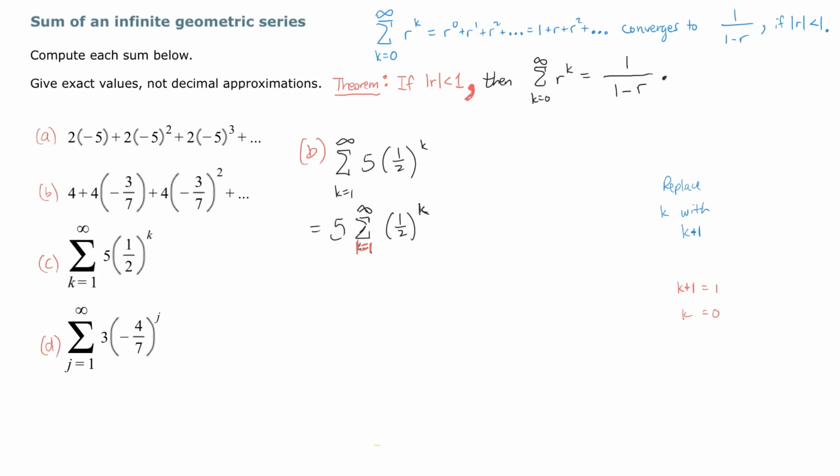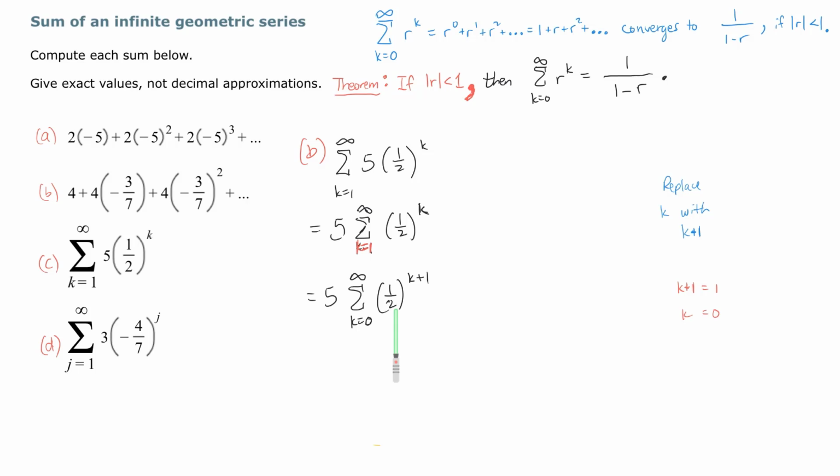All right, we got it. 5 summation, now we have k equals 0 running to infinity, then we have 1/2, and we replace k with k plus 1. So this is k plus 1. These are in fact the same geometric series, starting with a different index.